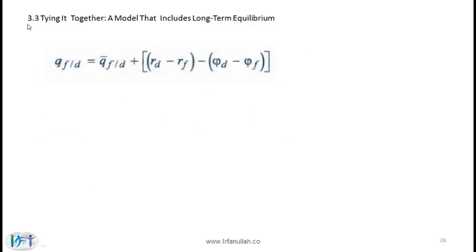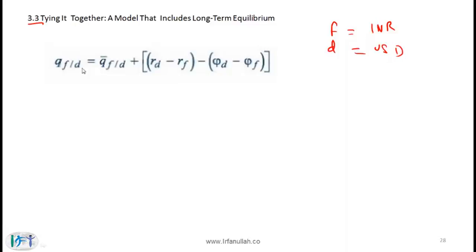Let us now briefly go over section 3.3. I'll skip the long derivation in the curriculum and just help you focus on the formula. So in this formula, let's just understand this through an example. So say our foreign currency is the Indian rupee and our domestic currency is the US dollar.